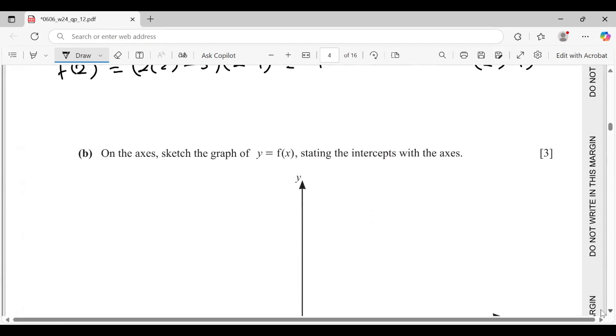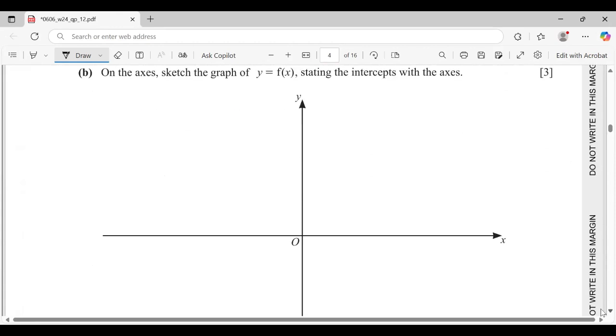On this axis, sketch the graph of y equals f(x), stating the intercepts with the axes. The stationary points are, just now, (1, 0) and (2, minus 1).